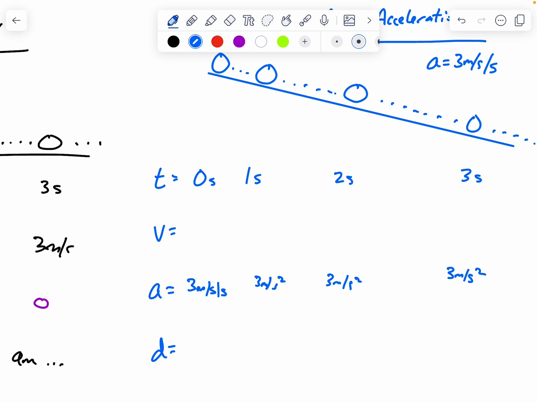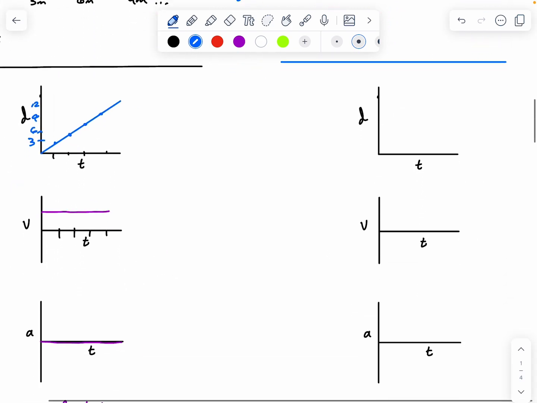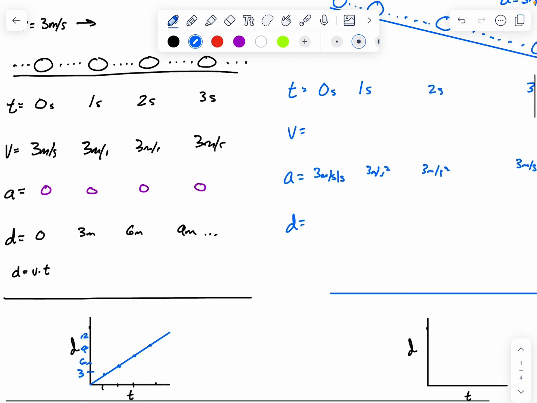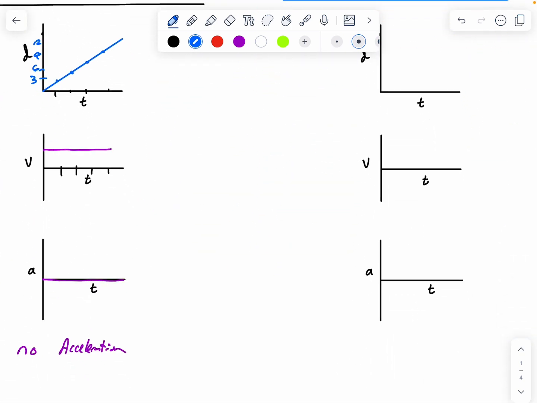Okay, what we want to solve for is how fast it is going at the end of those intervals and how far it has traveled at the end of those intervals. To do that, we're going to use some equations, but conceptually, I want to compare our graphs first. When we have uniform acceleration, that means the acceleration is positive. In this case, we're at a positive 3 meters per second squared, or 3 meters per second every second.